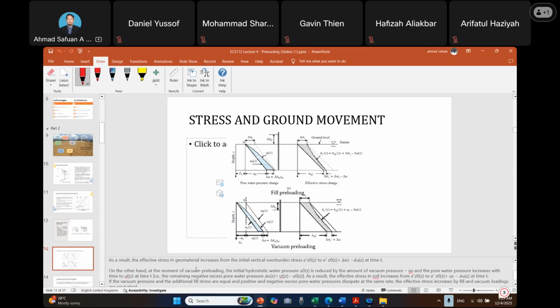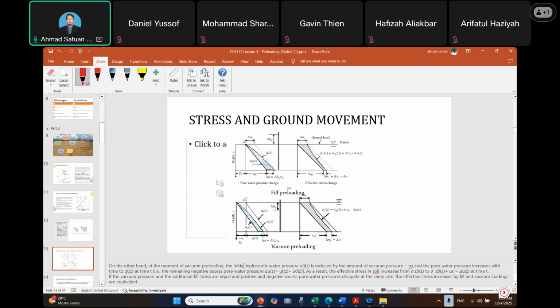So if the vacuum pressure and additional field stress are equal, and positive and negative excess pore water pressure dissipate at the same time, the effective stress increases by field and vacuum loading are equal at the last depth of Z.